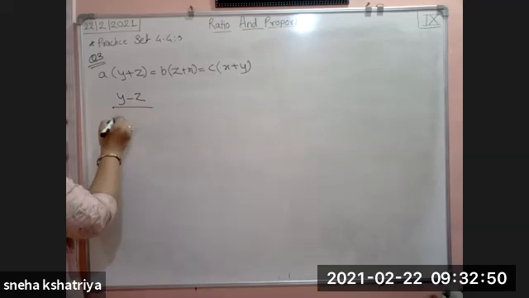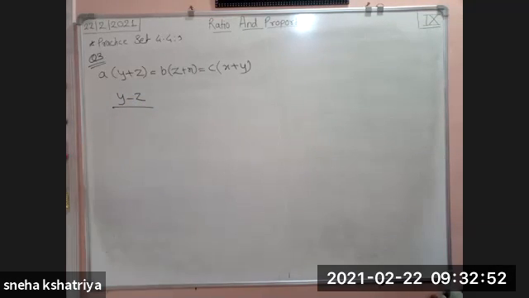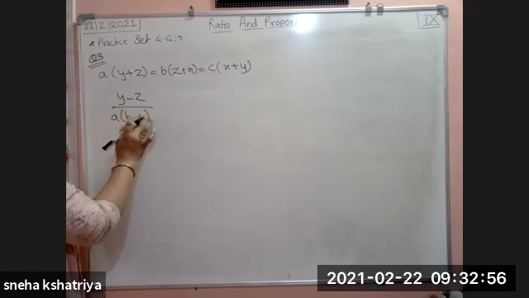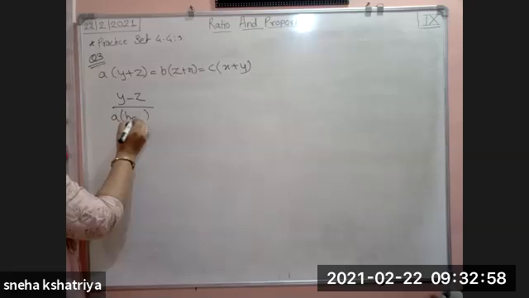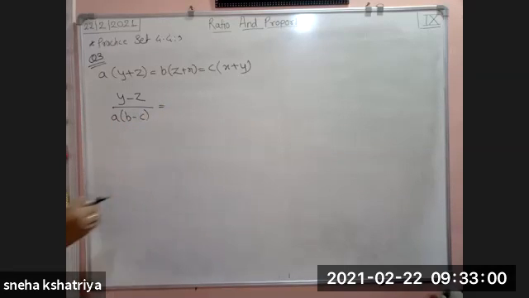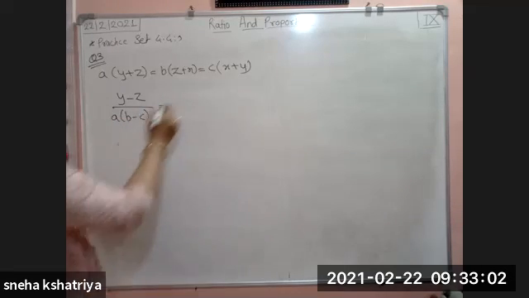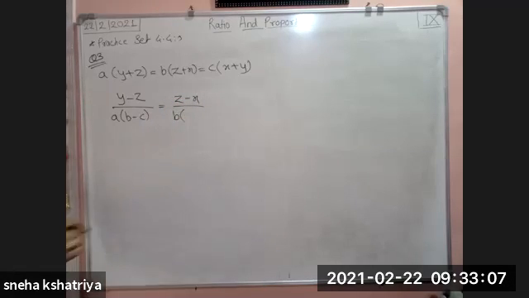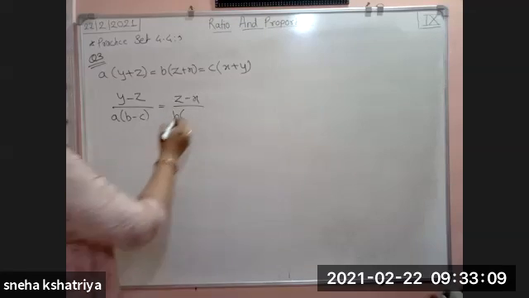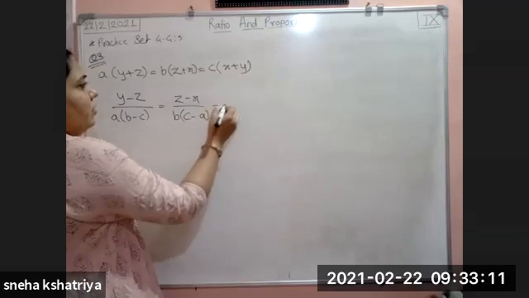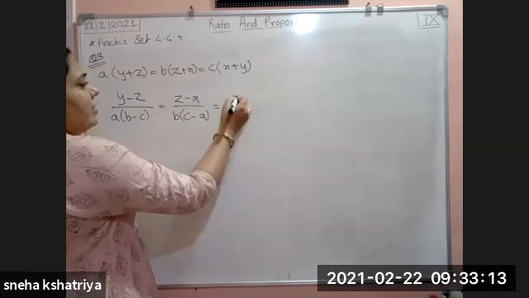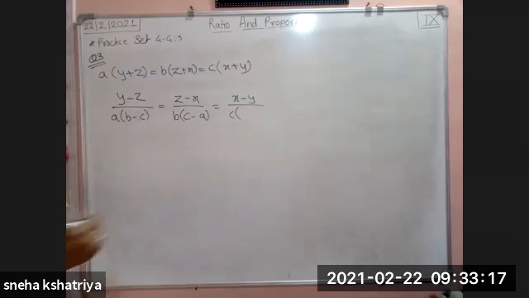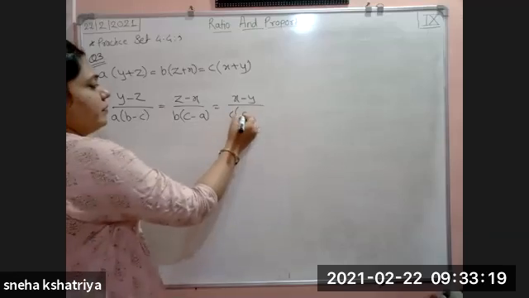Y minus z divided by a into b minus c, then z minus x at the denominator b into c minus a, and here x minus y divided by c into bracket a minus b.